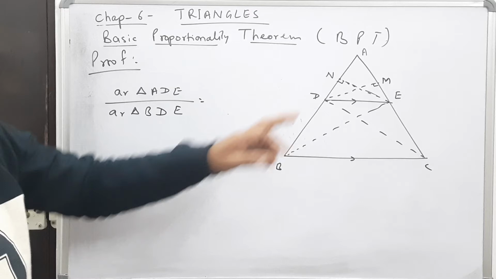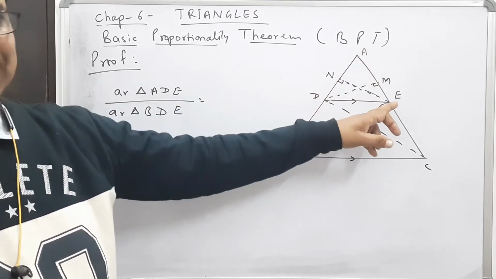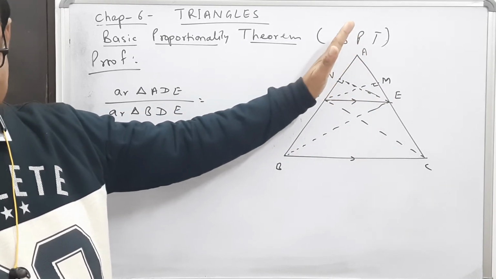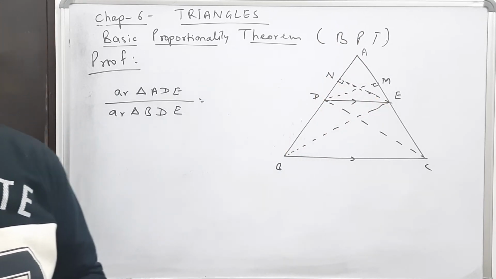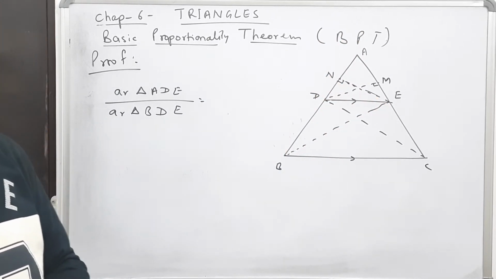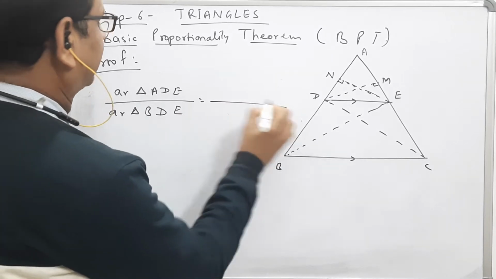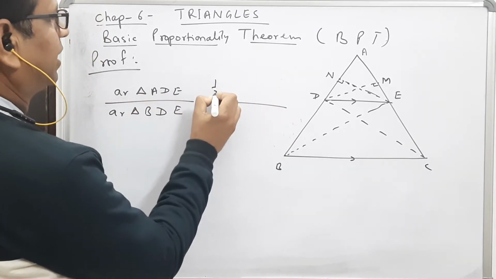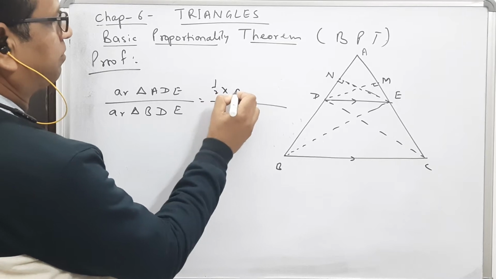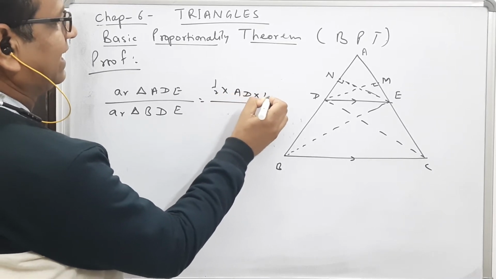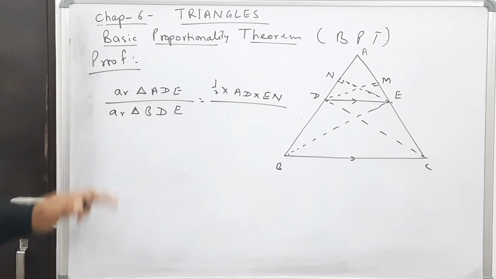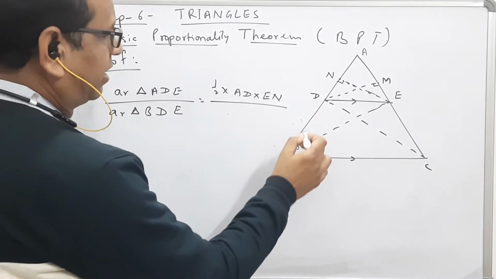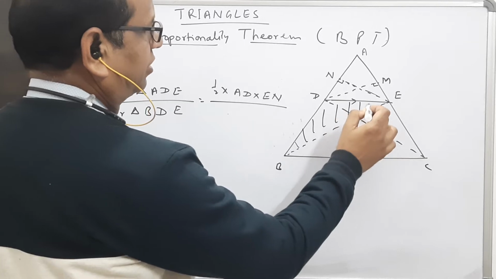Now you see the area of triangle ADE. If I take AD as a base, please try to understand, if I take AD as a base, then EN will be the altitude or perpendicular or height. So the area of triangle ADE is half into AD into EN. That is the first one. The second part is the area of this triangle. I'm talking about this triangle.